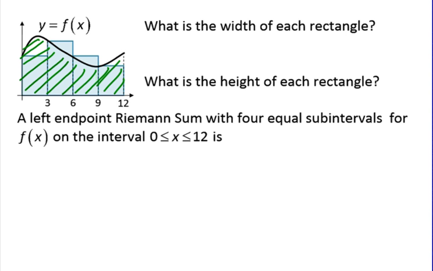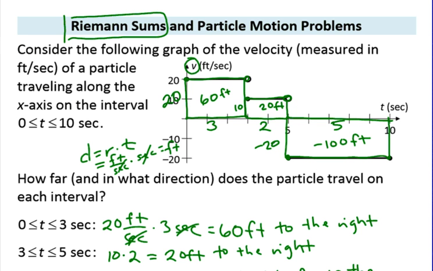If this was velocity, in feet per second, and this was seconds, then multiplying feet per second times seconds, all of that inside is your total distance traveled, in feet.